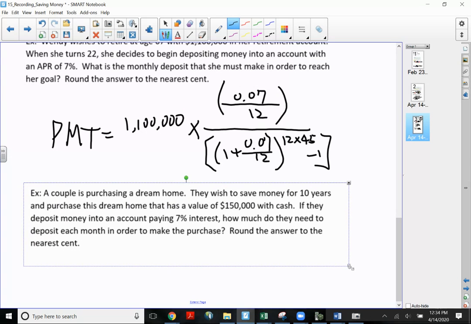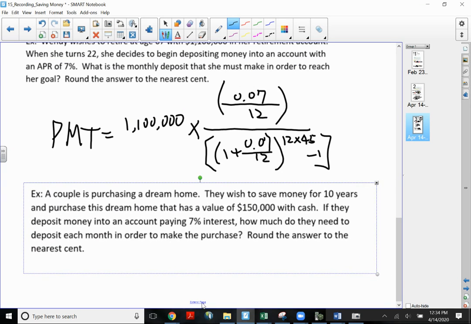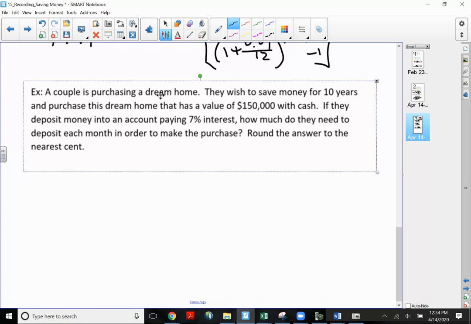All right. So here we go. A couple is purchasing a dream home. They wish to save money for 10 years and purchase this dream home that has a value of $150,000 with cash.